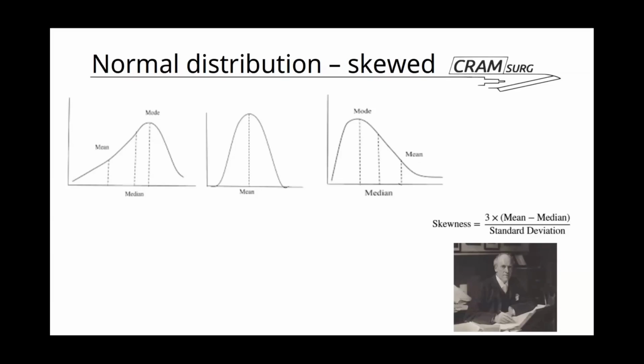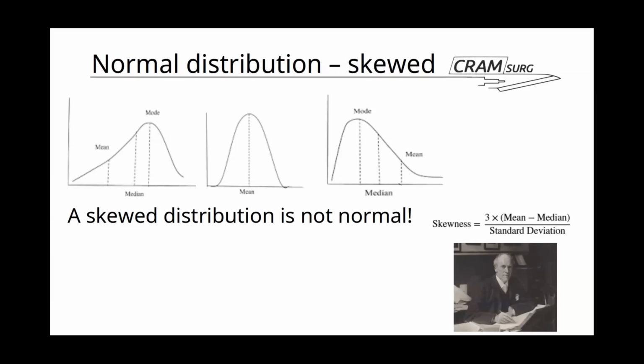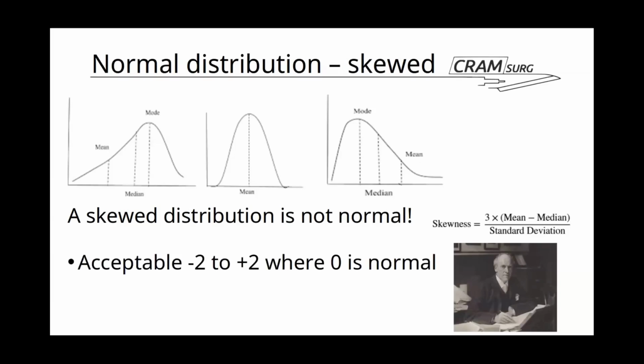Now, it is important to remember one thing, that the skewed distribution is not normal, because obviously it's not a traditional bell-shaped distribution. However, like most things in life, normality does not live in a 0 or 1 state, but it lives in a spectrum.